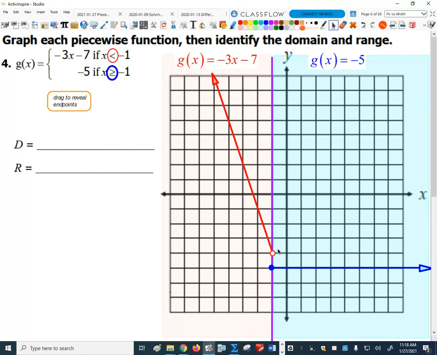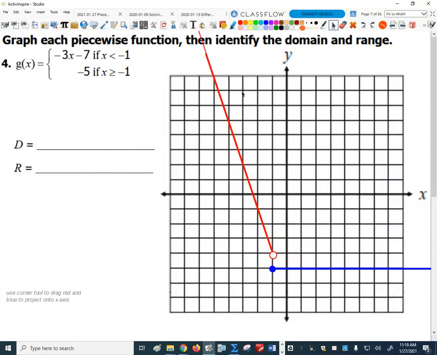Another way to think about it is to project the function onto the x-axis. Okay, and I figured out a way to do this. This is kind of a cool way to do it with these flip charts. It allows me to do this visually, and I think this is a good way for you to see this, right? If I take this red piece of my piecewise function and I project that onto the x-axis, what's that going to look like?